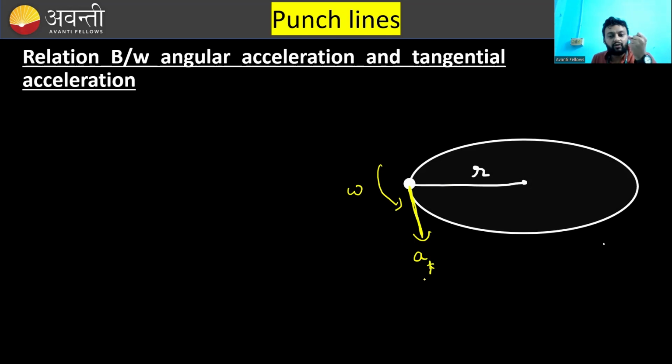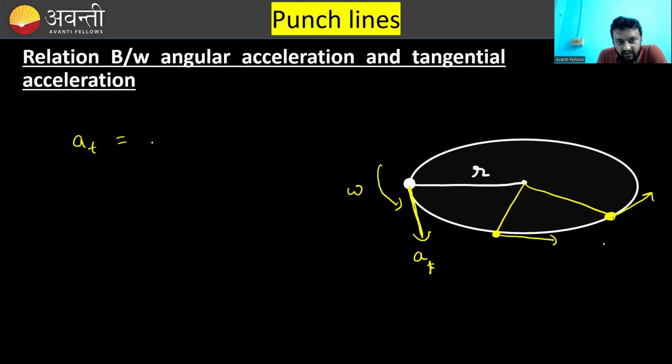So what is the relation of this tangential acceleration with the angular acceleration? Angular acceleration is denoted by alpha. After some time, this particle will be here. The particle is revolving, so its position will change, and the tangential acceleration will be like that. So what is the relation?